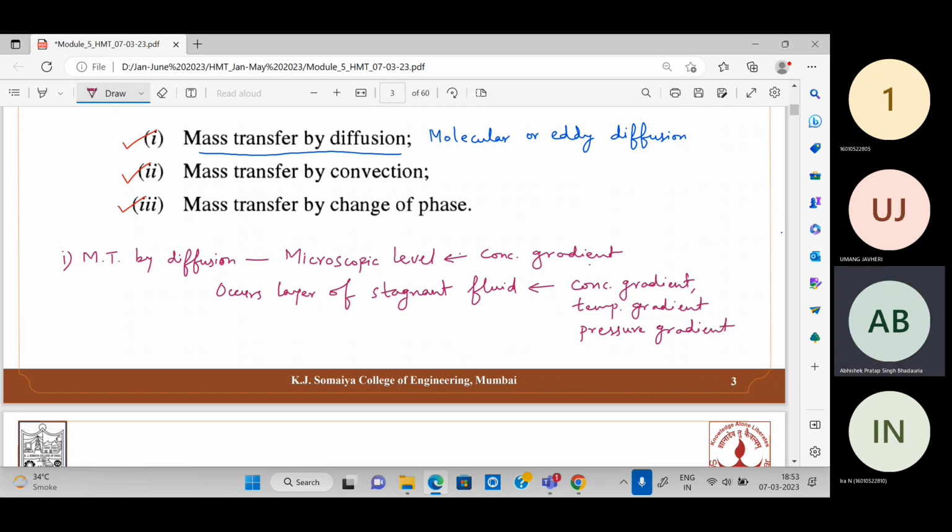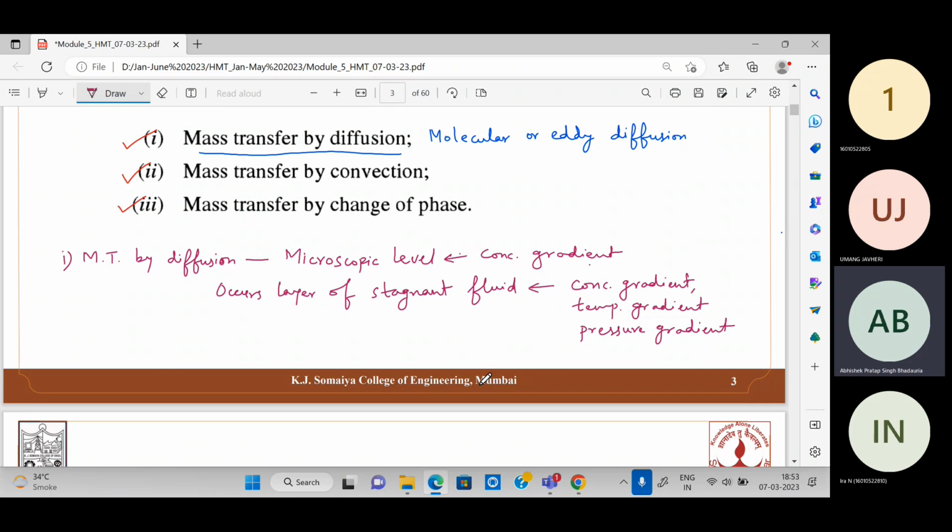Now the examples of this molecular diffusion: we can see it in the dissolution of sugar or salt in hot water and its uniform diffusion throughout, although their molecules are much heavier than the water molecules. Another is the evaporation of water from a pond to increase the humidity of a passing air stream, and the evaporation of petrol in the engine carburetor.